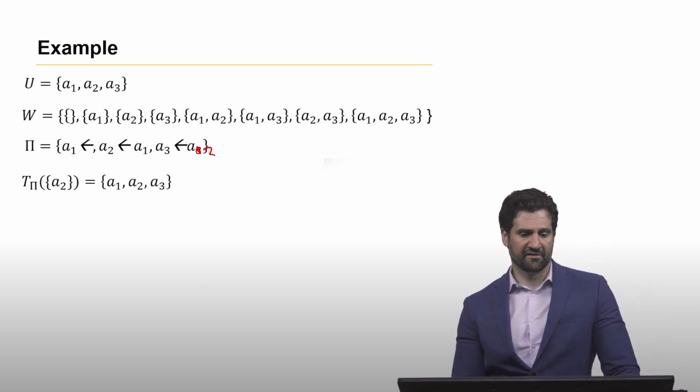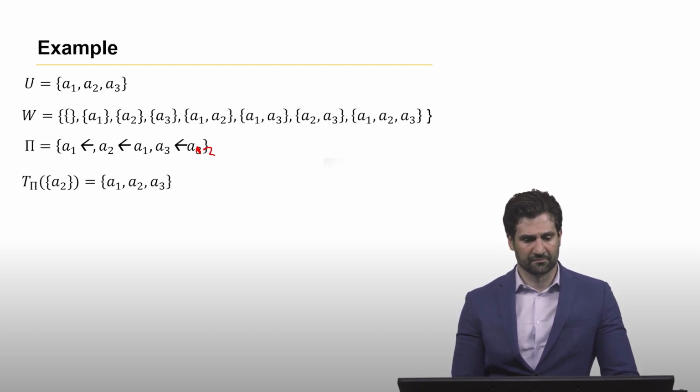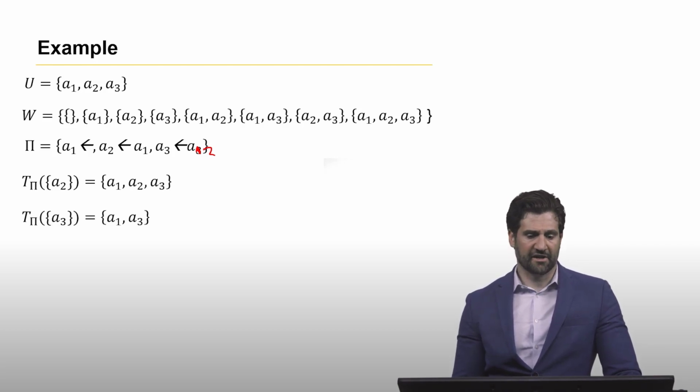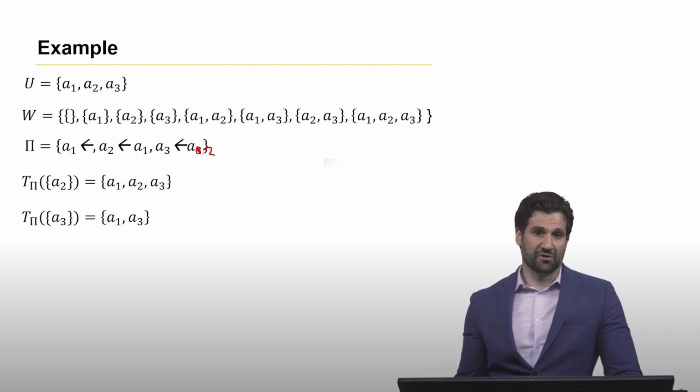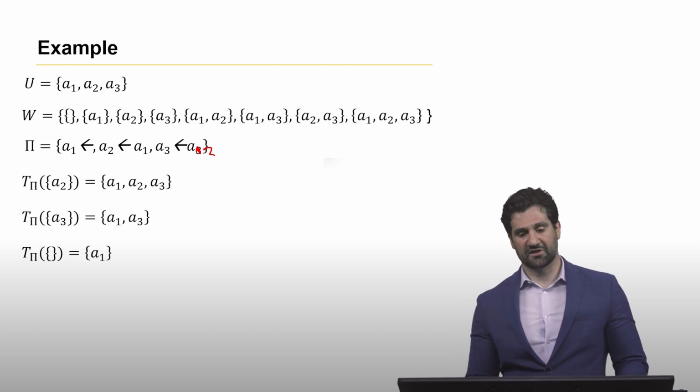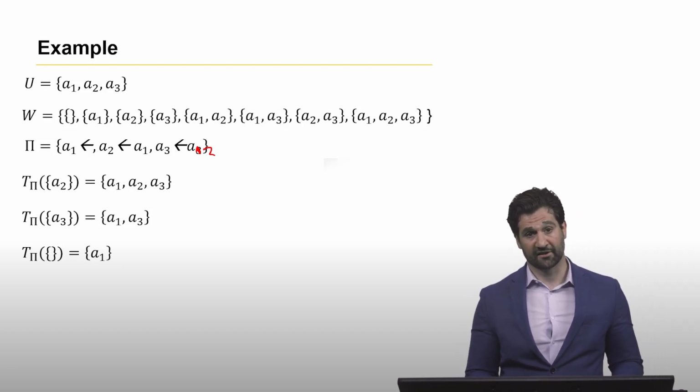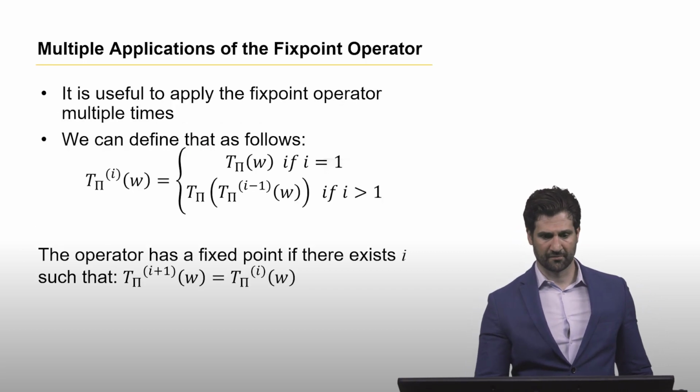If you apply the fixed point operator on world A2, then you get A1, A2, and A3. If you apply it on A3, you get A1 and A3. You don't get A2 here because there's nothing that concludes A2 that sits as a fact in the program or fires as a result of A3. If you have the empty set, you only get A1 because it's the only fact. None of the other rules fires.